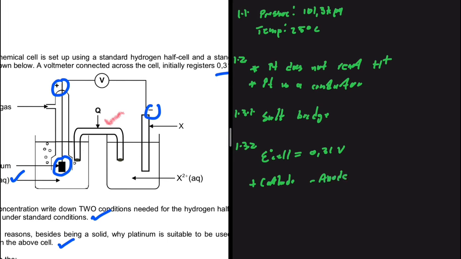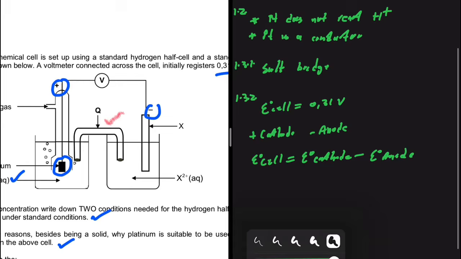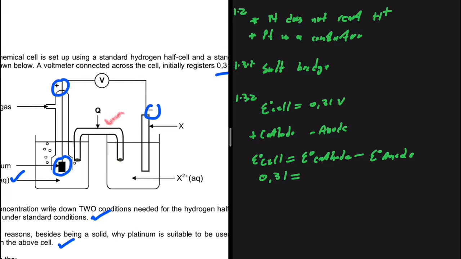So what are we saying? We're saying that the potential of our cell can be determined by the potential at the cathode minus the potential at the anode. So what is the potential of the cell? This is 0.31, being equal to the potential at the cathode.